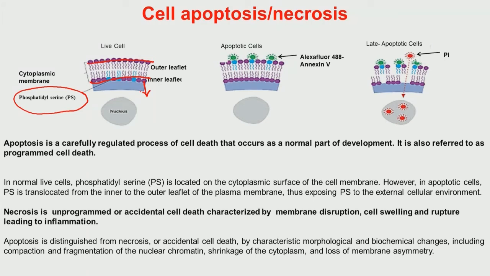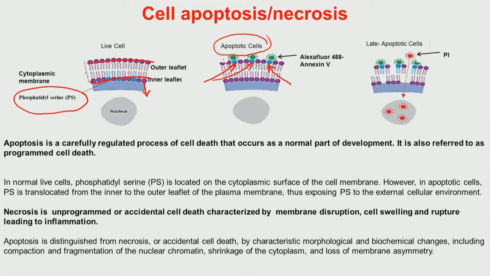When a cell undergoes apoptosis, this phosphatidylserine, shown here as a green sphere, is flipped towards the extracellular side, to the outer leaflet of the cell membrane.